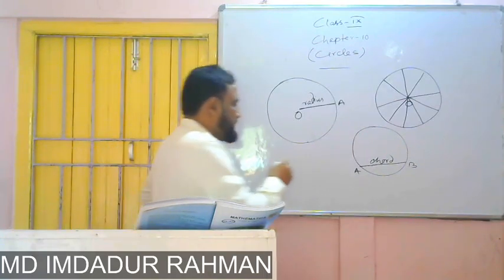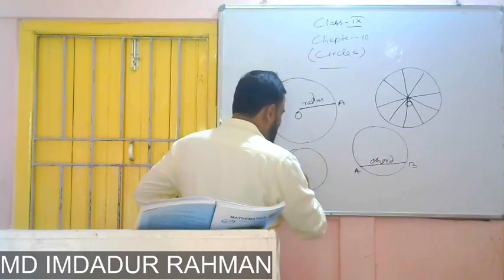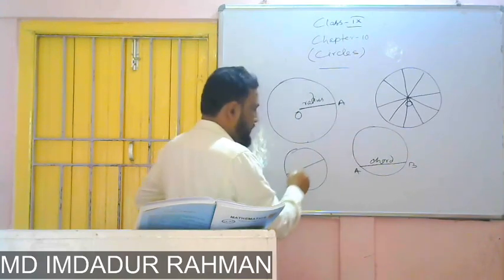Now diameter. When a chord passes through the center of the circle, it is called diameter of the circle.